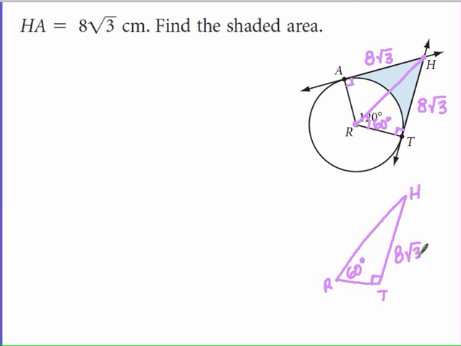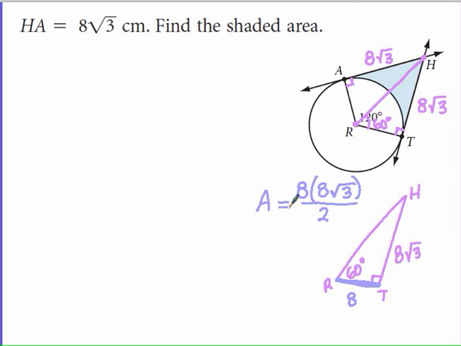In order to find the area of that triangle, I need to know this right here. So let's think back to our 30, 60, 90s. What will this be? 8. Very good. So the area of one of those triangles will be 8 times 8 root 3 divided by 2.